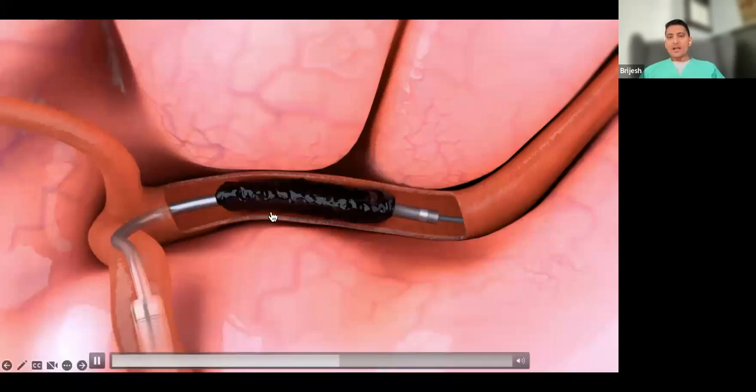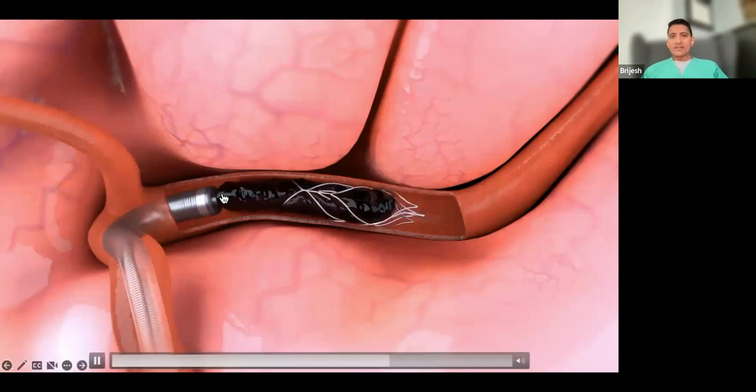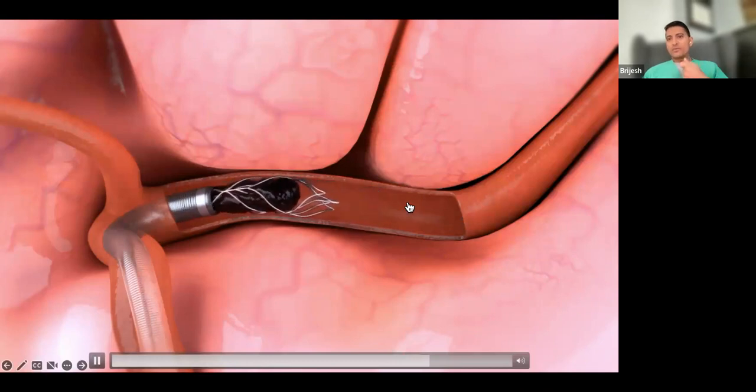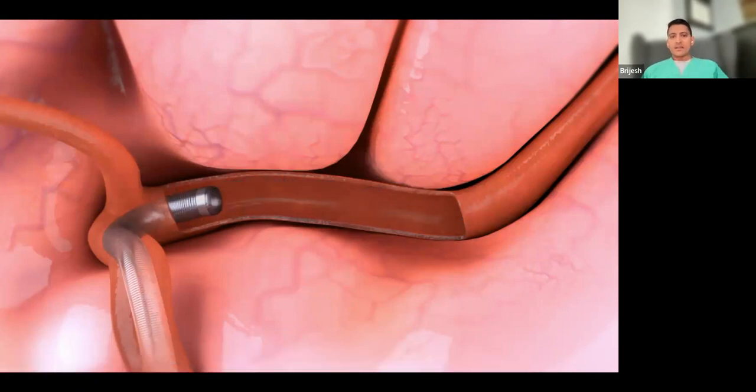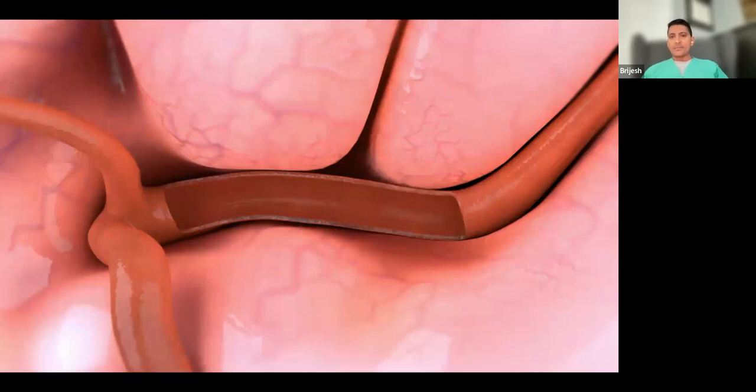And so we target that blocked blood vessel using our catheters and FDA-approved devices such as the stent retrievers, which is like a retrievable stent, which is being deployed now across that blockage. And then after waiting approximately 60 to 90 seconds, it's like going fishing. We remove the blood clot from the blocked artery in the brain, and then we do another injection with contrast to see if that artery has indeed opened up.